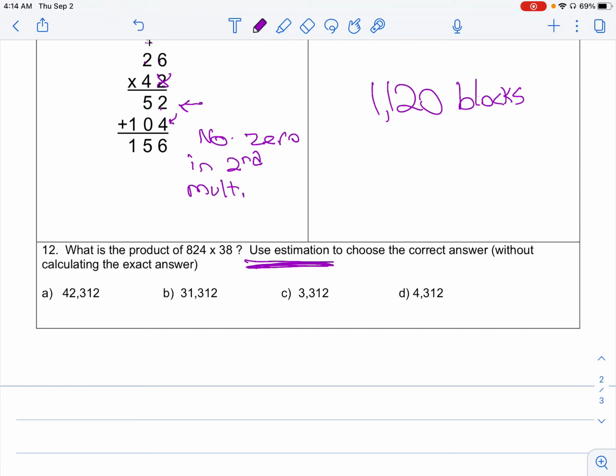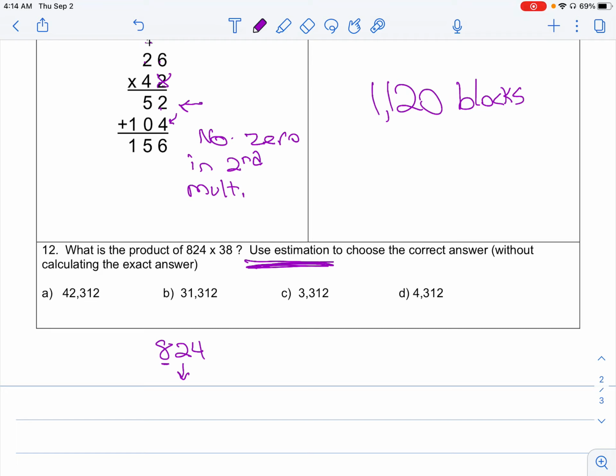So when we estimate multiplication problems, we are going to round the problems to the greatest place value. So the first number is 824. I'm just going to write it down here. And 824 we're going to round to the hundreds place because that's the greatest place value.